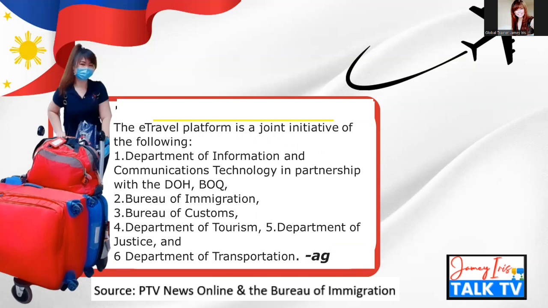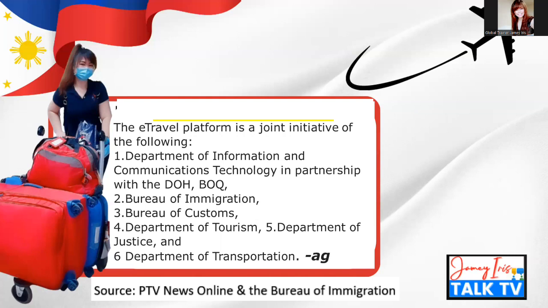Now, also to all the travelers, the e-travel platform is a joint initiative of the following: the Department of Information and Communications Technology, or DICT, in partnership with the DOH, BOQ, Bureau of Immigration, Bureau of Customs, Department of Tourism, Department of Justice, and the Department of Transportation.